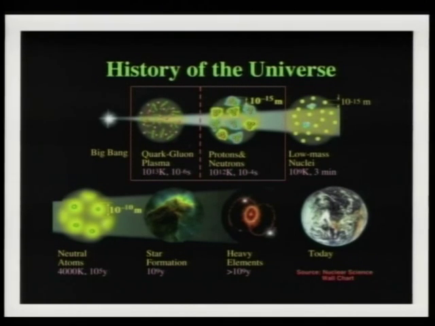We are around 10 to the minus 6 seconds from the Big Bang, so 0.000001 seconds, and the temperature was around 10 to the 13th degrees. And then the transition, if you want, the change of the universe between the quark gluon plasma and the protons and neutrons, so the standard matter.